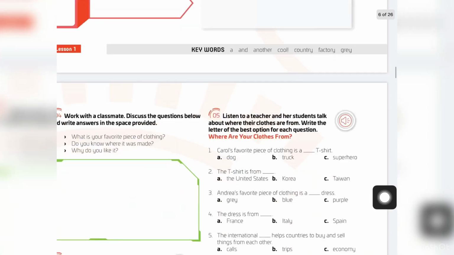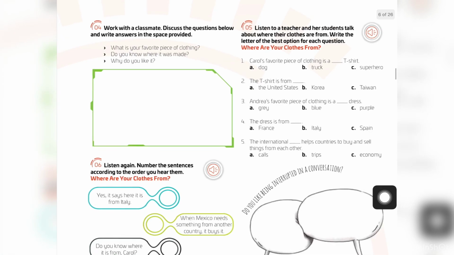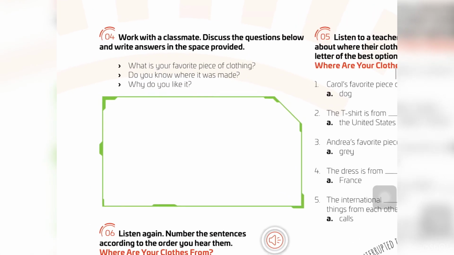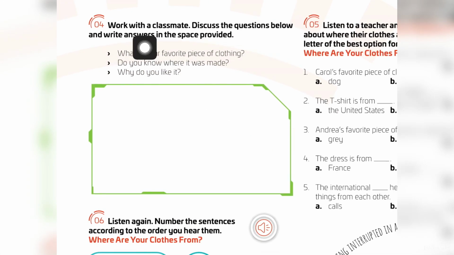Then on page 25, in point number 4, work with a classmate. Discuss the questions below and write answers in the space provided. So here we have 3 questions we are going to answer, and we are going to share different answers with our classmates in class.